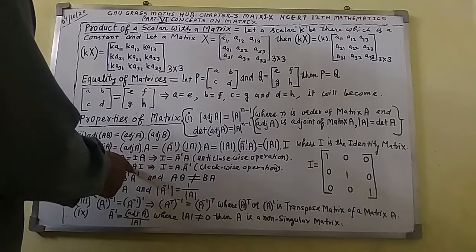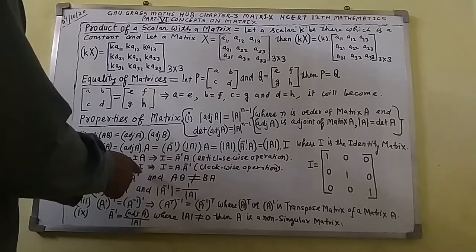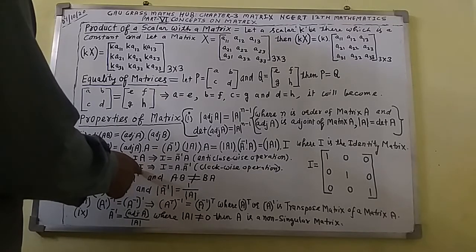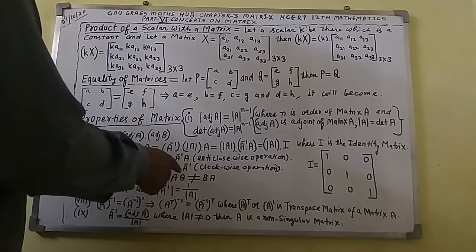And this A will be fixed, written here. And this identity matrix, which has the same order as matrix A, will be converted into A inverse.